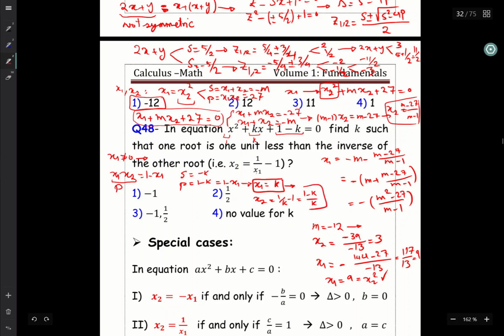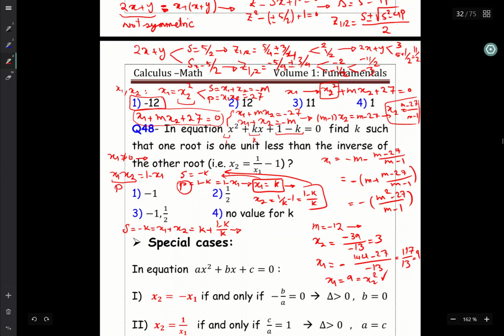So now we know the roots, right? And we just use the information from the product p. Therefore, we can put this back into the s. So s is minus k, which is x1 plus x2, k plus (1 minus k) over k. So let's put it the other side.